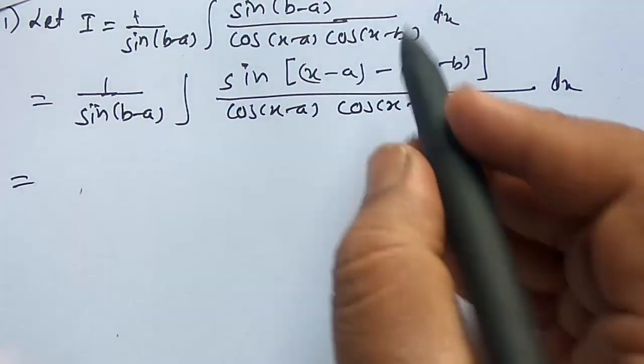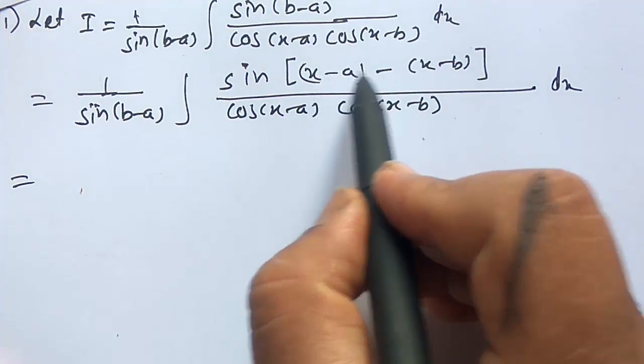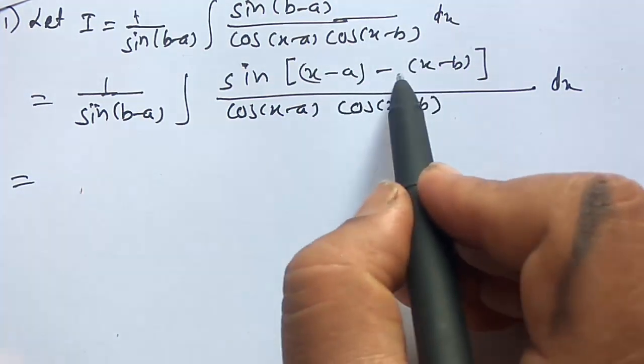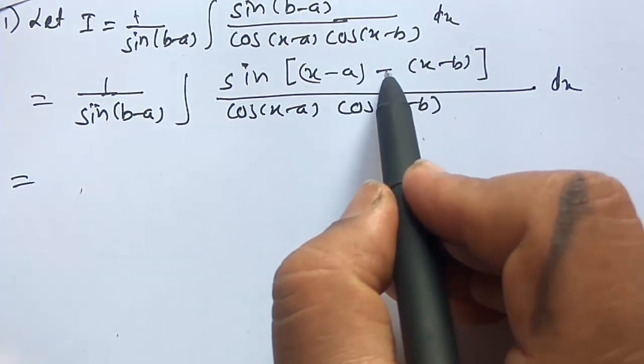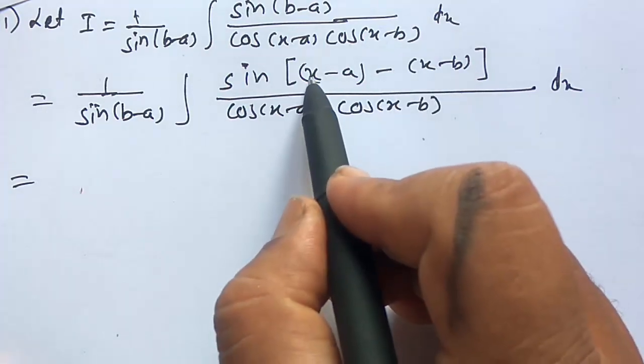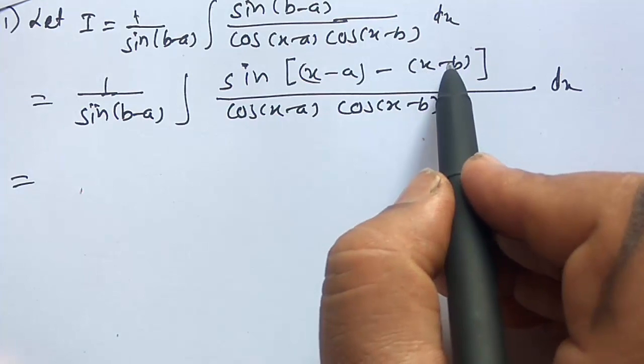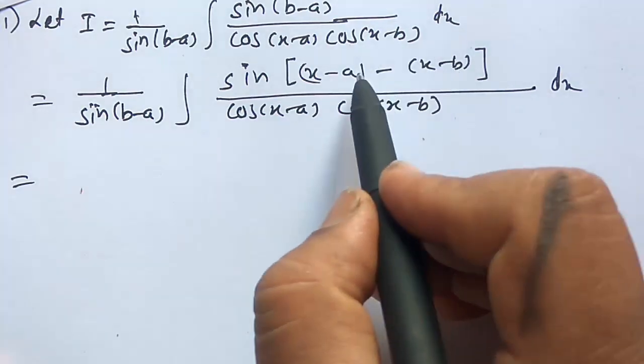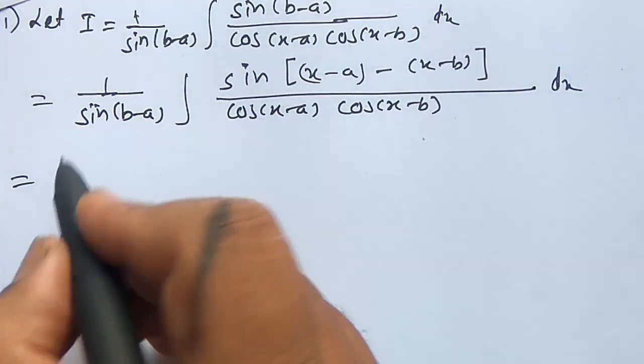So, by adjusting the terms, multiplying minus inside the bracket, minus x plus x gets cancelled, minus minus b plus b. So, a minus b remains.